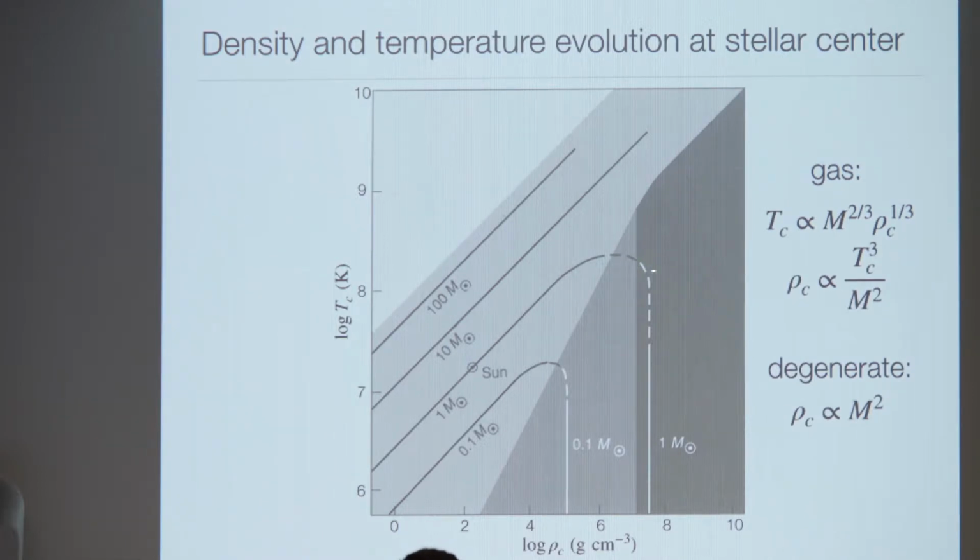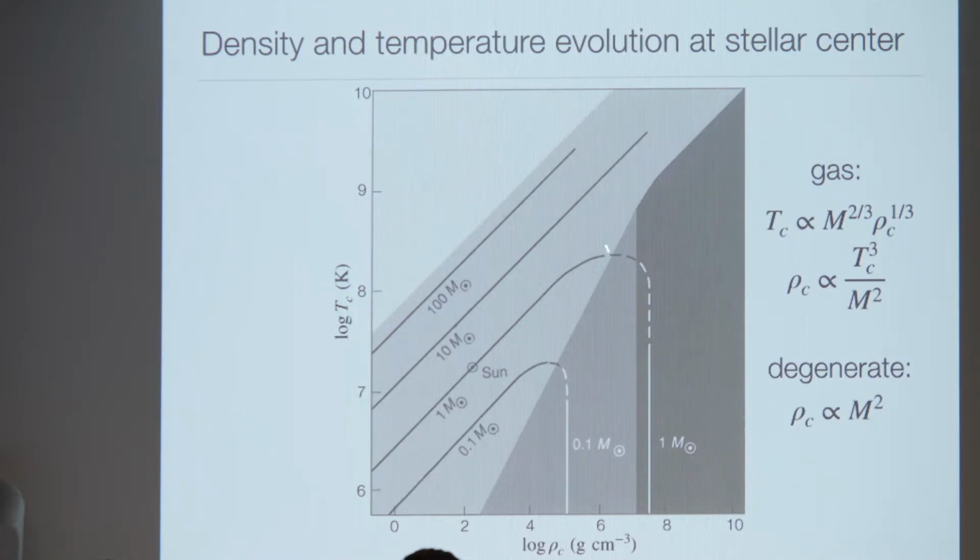In the end, degenerate pressure will be dominating the way the star is supported, and then it will just cool down as shown, as a constant density star at the center. And the lower mass star does the same thing basically.